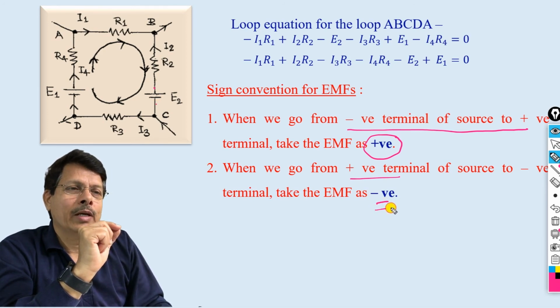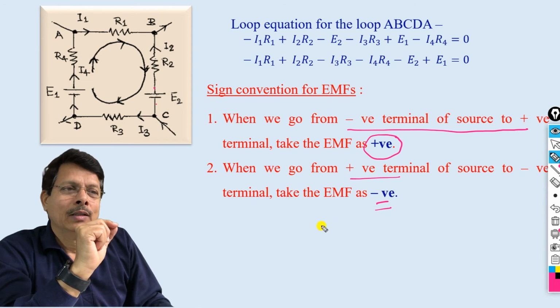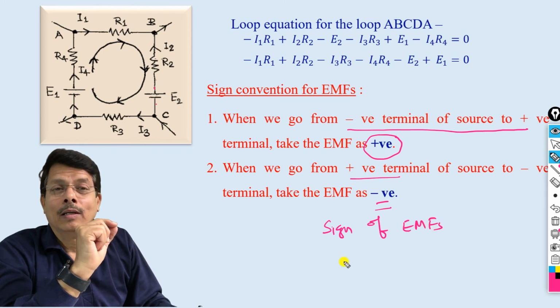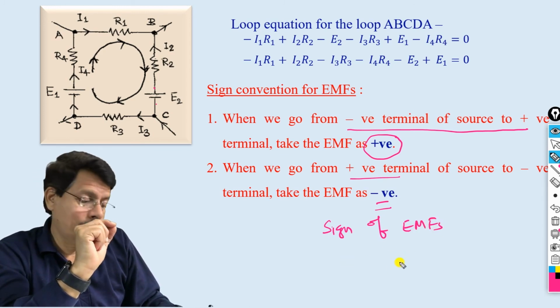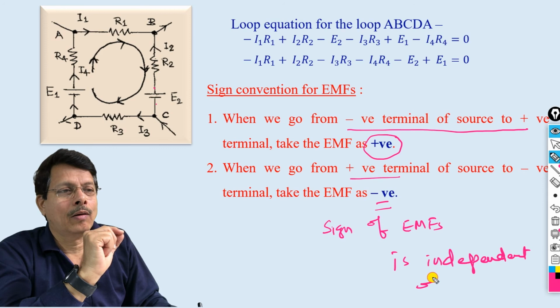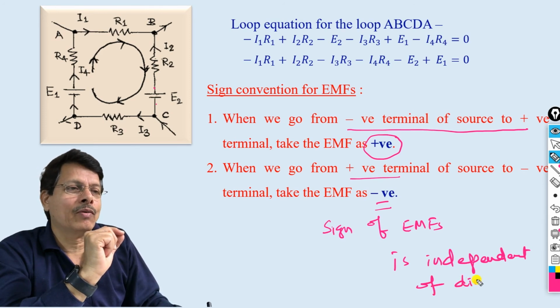And when we go from the positive terminal to the negative terminal, then it should be taken with negative sign. And remember that this sign of sources is independent of the direction of current.